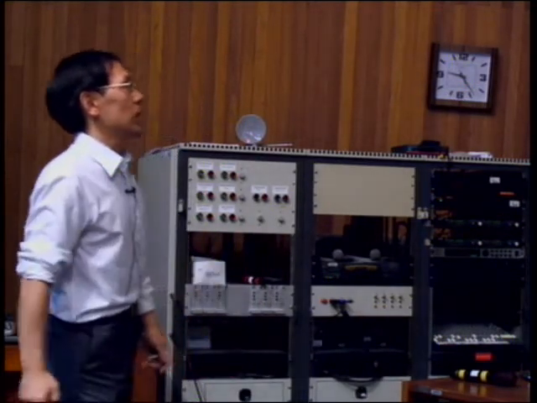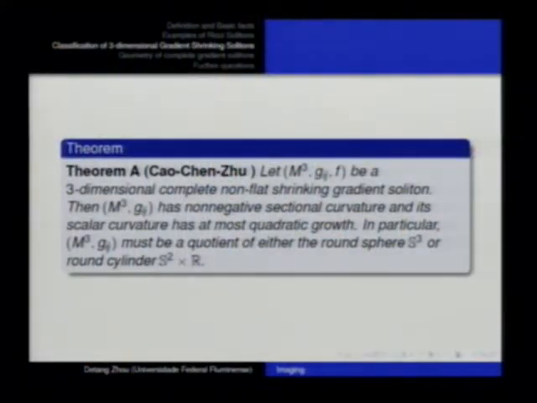But fortunately, in the three-dimensional case, it was first proved by Bing-Long Chen, and his proof can be used for the high-dimensional case also: if you have a vanishing Weyl tensor, then for the shrinking soliton, the curvature has to be non-negative. In the three-dimensional case, the Weyl tensor is 0, so automatically you have non-negative curvature. So that condition can be removed.